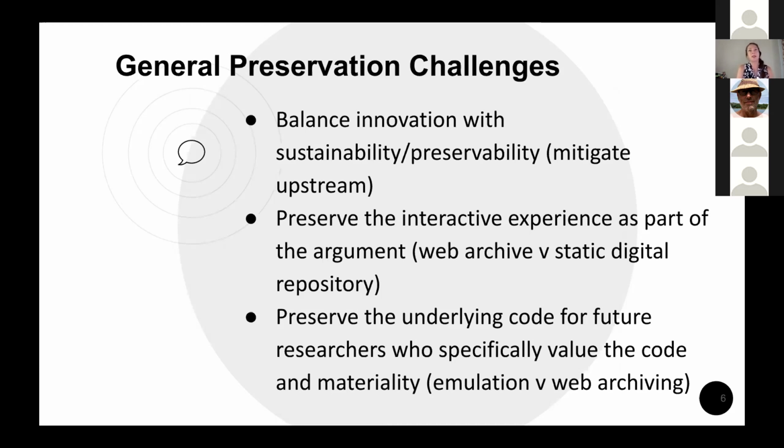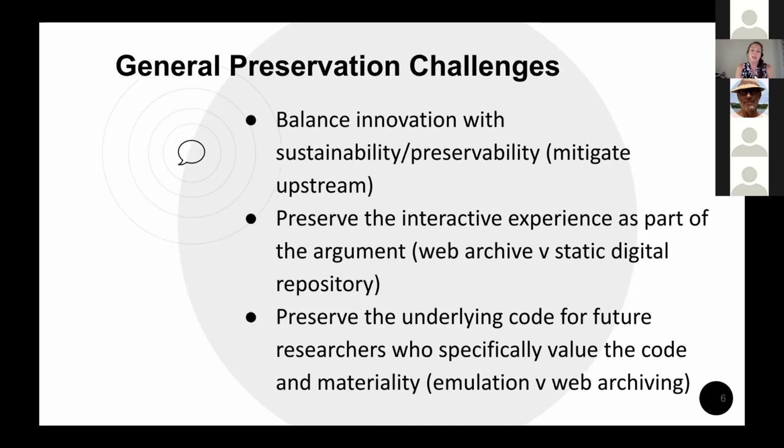So we're trying to mitigate as much as possible upstream while these projects are being developed by the authors, to try and get them to think about what they're producing in terms of its future accessibility. So while we can make certain guidelines and recommendations and requirements, which we do, we also want to leave the door open for innovation and use of technology that's new and exciting.